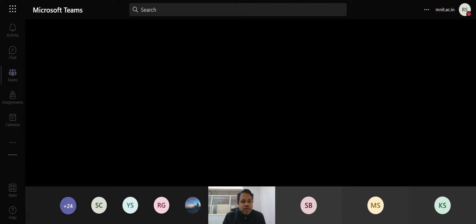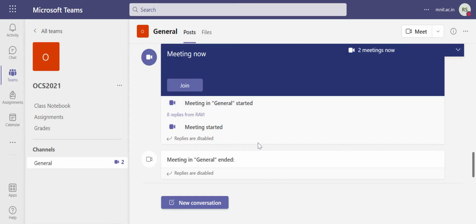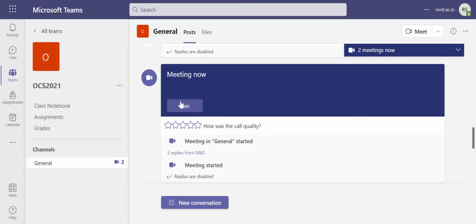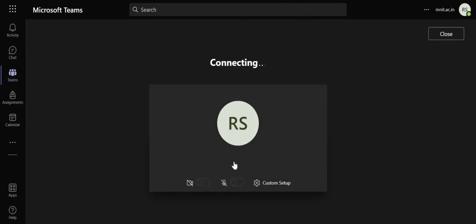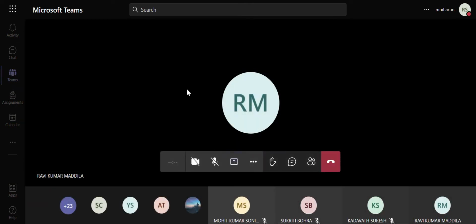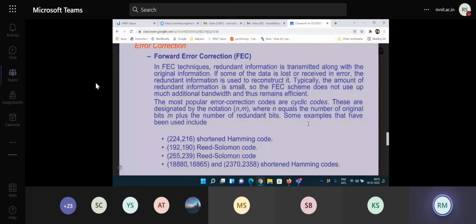So going ahead in forward error correction, there are different types of encoding and decoding techniques. These error correction codes are what is mentioned here as cyclic codes, a popular error correction coding mechanism.